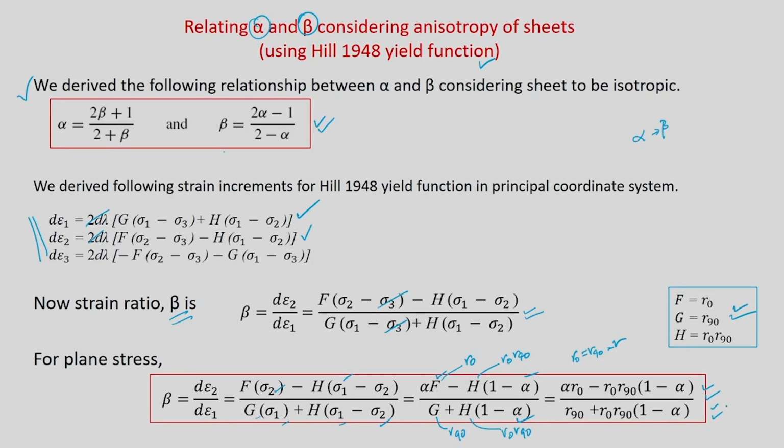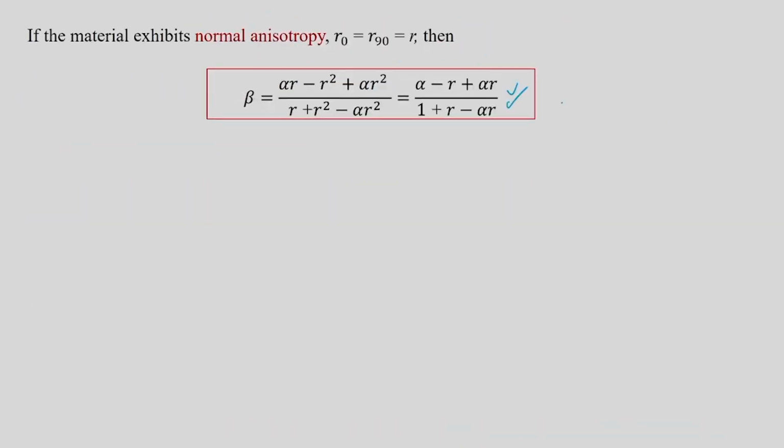So, using the Hill 1948 yield function, of course, plane stress has to be there because we have to bring in alpha and beta. If it is not the case of normal anisotropy, then this is the simple equation you have, and you put the case R0 R90 equal to R, then you get this particular equation. In this equation, if you put R equal to 1, what will happen to beta? Because it is an isotropic case now.